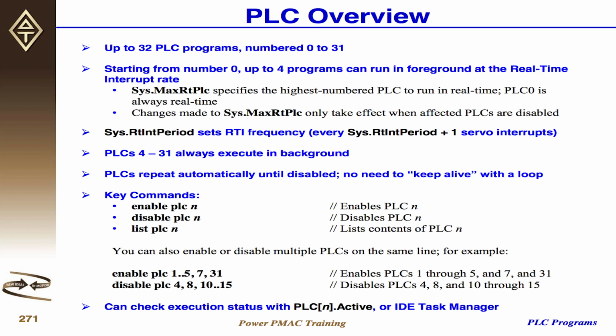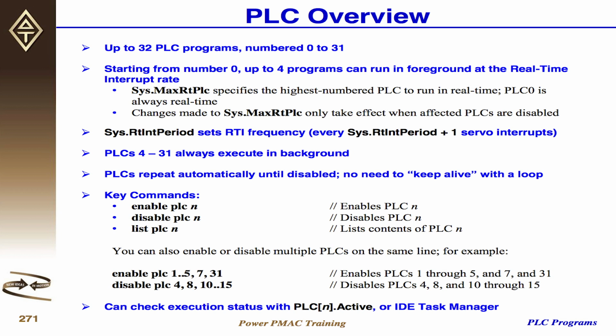Oh, by the way, you can set the real-time interrupt period with sys.RTInt_period. If you set that equal to 0, then real-time interrupt will run at servo rate. You set it equal to 1, it will run at half servo rate, and so forth. PLCs 4 through 31 always execute in background.